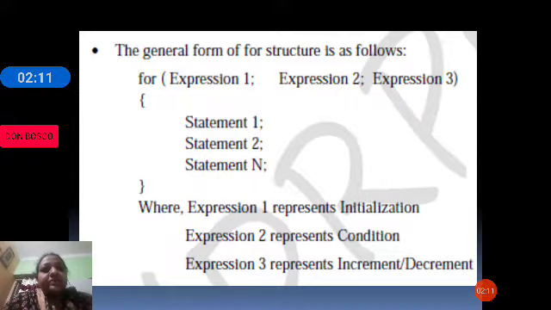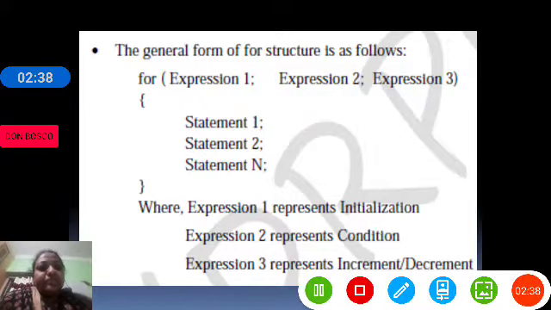You can see here the general form of the for loop. For followed by three expressions, expression 1, expression 2 and expression 3. Expression 1 is the initialization expression, expression 2 is the condition, expression 3 is the increment or decrementing expression.